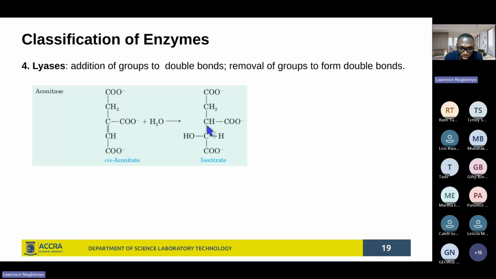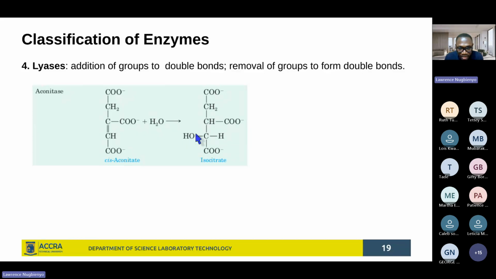It's now a single bond because there is an addition of water. The reaction here is a hydration reaction, where from the water, OH is now bonded on this carbon, whilst the hydrogen from the water goes onto this carbon.